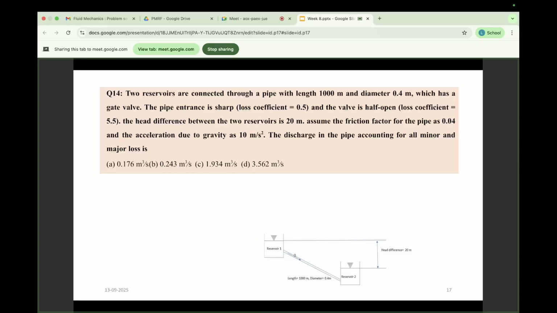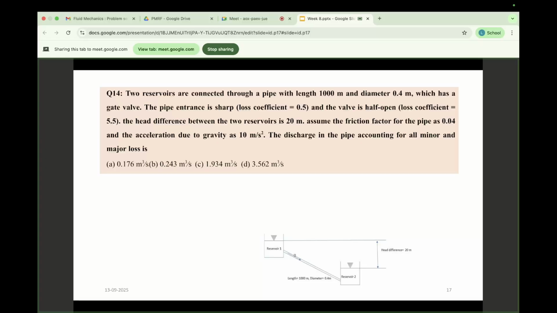The pipe entrance is sharp, so its head loss K value is given, and the valve is half open. Its loss coefficient is also given.